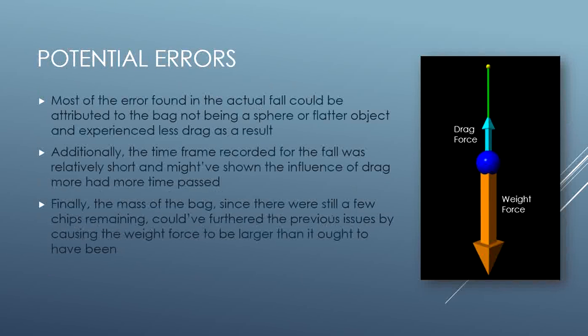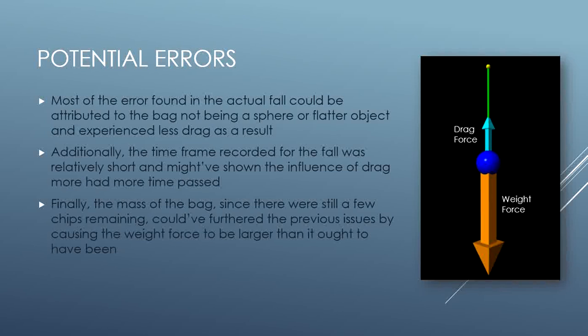So as was stated earlier, we definitely have some error when we look at the disparity between the drag chart and the actual. I think most of that could be attributed to the bag not being a sphere or some other flatter object and experiencing less drag because of its shape. If you think about the way a bag looks, it's almost pointed at the end, so that could definitely affect how the drag is affecting it.